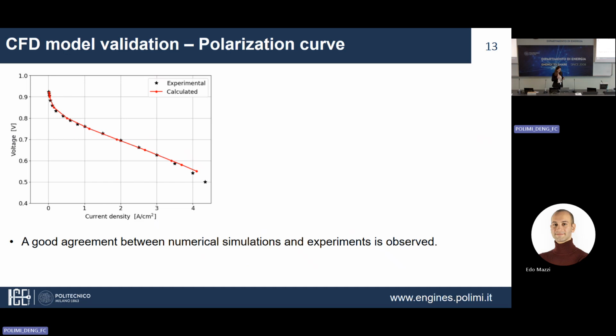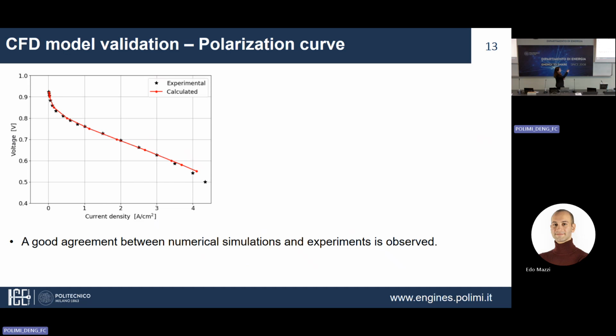Similarly to a torque curve for an internal combustion engine, on this curve you can see the current produced by the component divided by the active surface, so the surface where the reactions take place, and on the y-axis the voltage measured across the fuel cell. What we can see is that with the methodology used in OpenFOAM, we found good agreement with experimental results.